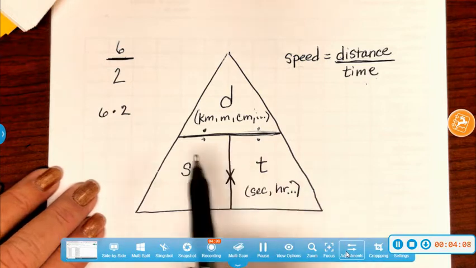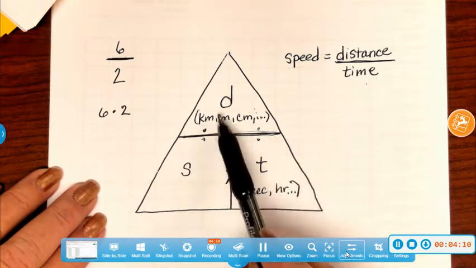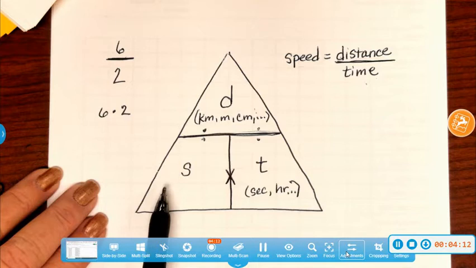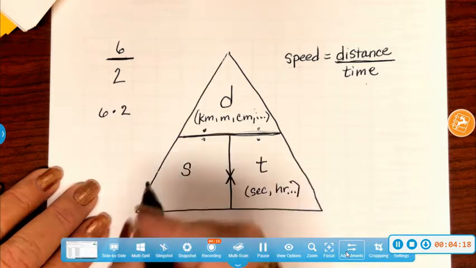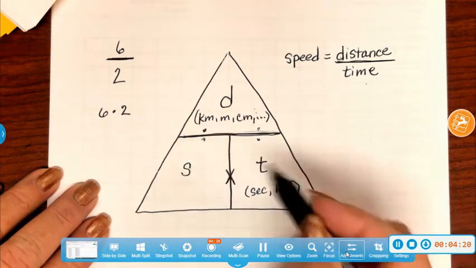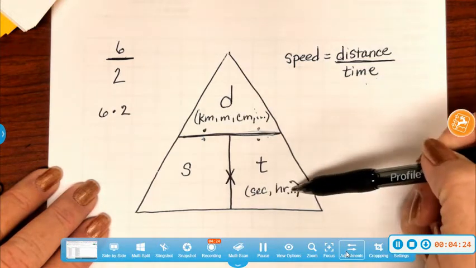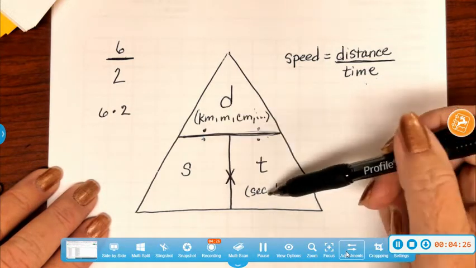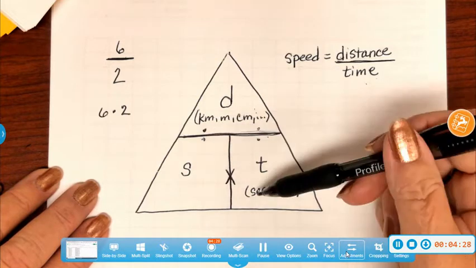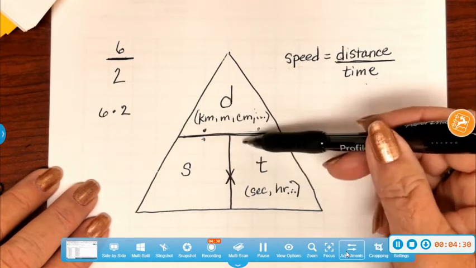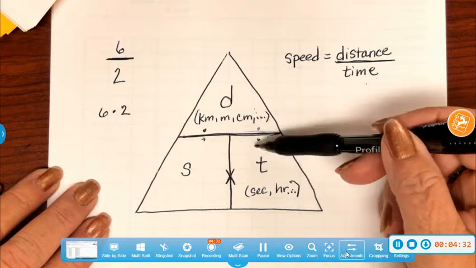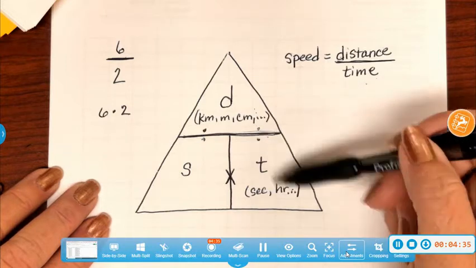So now if these are my units, what kind of units do I have for speed? Speed in your car is what? Miles per hour. Kilometers per hour. Right, in the metric system, literally we're taking kilometers dividing by hours, or you could do kilometers divided by seconds, kilometers per second, meters per second, centimeters per second, centimeters per hour.